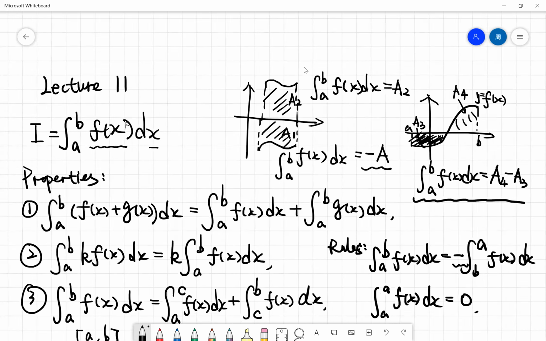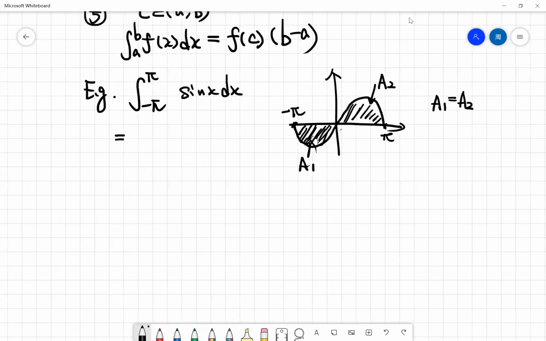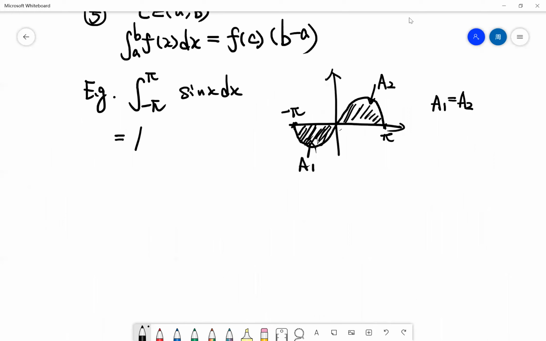So that will be A2 minus A1, right? And we know A1 equals A2, so the result here is 0.